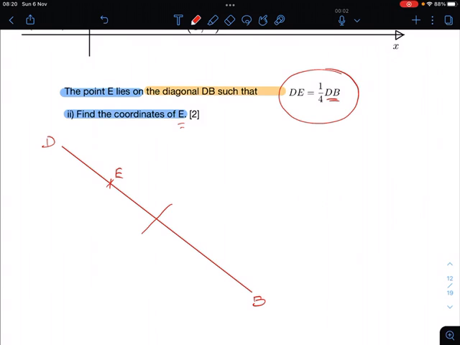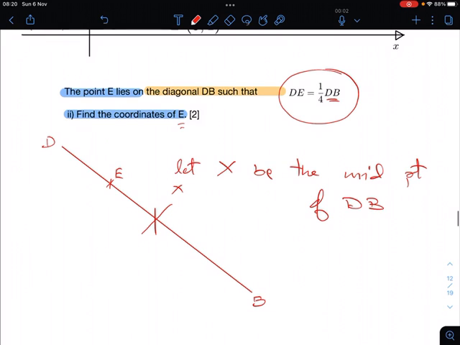Your point E is 1/4 of DB. In other words, let X be the midpoint of DB. That means you just have to get a midpoint, very easy, divide the sum of the coordinates by 2.